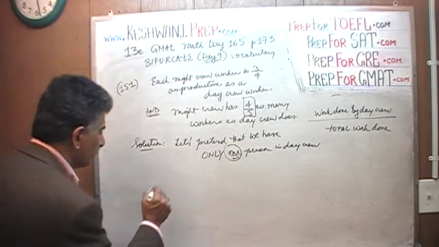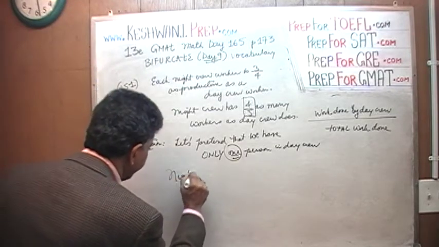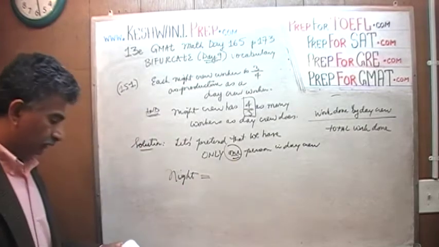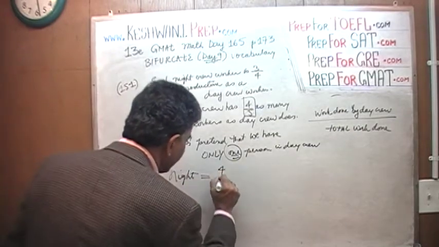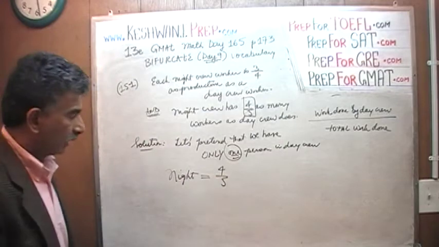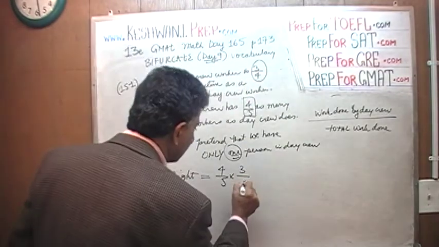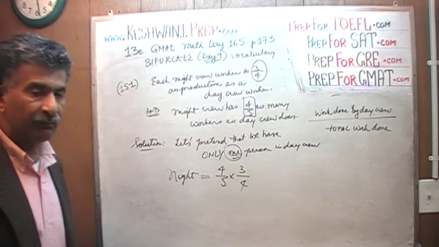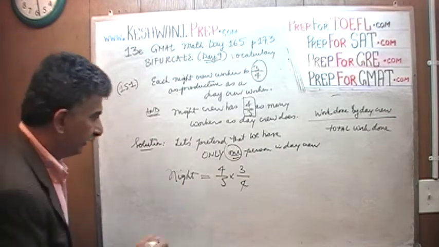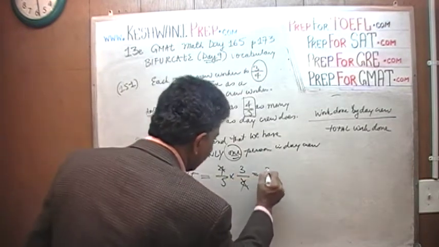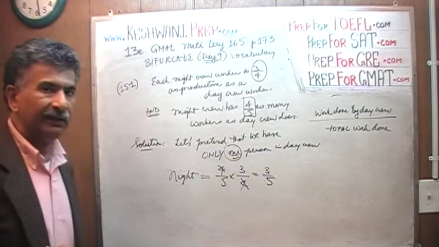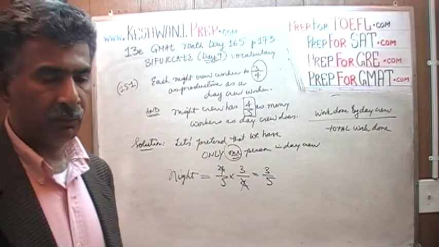So, how much work is the night crew going to do? The night crew, first of all, only has 4/5 of a worker, and each worker is only 3/4 as productive, which means the night crew does 3/5 of the amount of work that the day crew does.